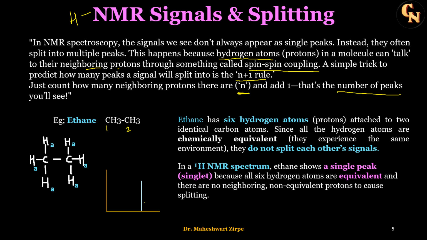Now both sets of protons are identical, as this carbon has the same environment as this carbon. So let us write the structural formula for ethane. Here you can see on the screen, it is CHHH CHHH. So all 6 protons we have shown here on the ethane molecule.